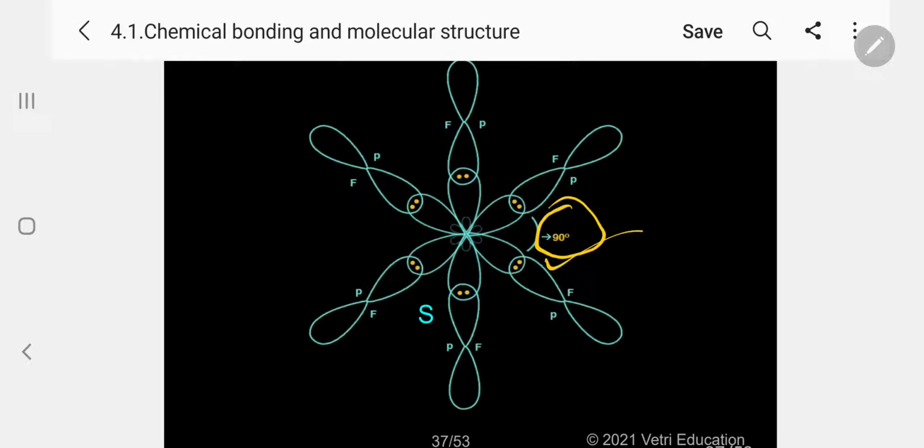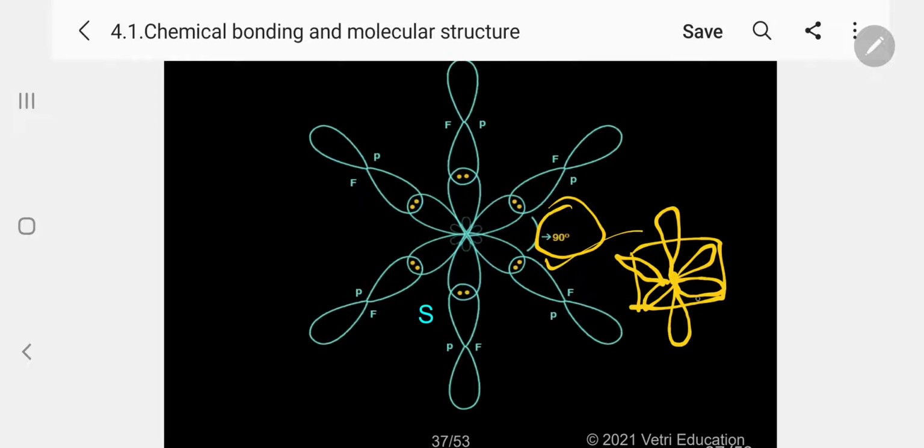Please follow. Kindly imagine this is the square planar, central, this is one, this is another, this is another, this is one, this is two. Imagine a square; this is square planar, and that is actually octahedral.